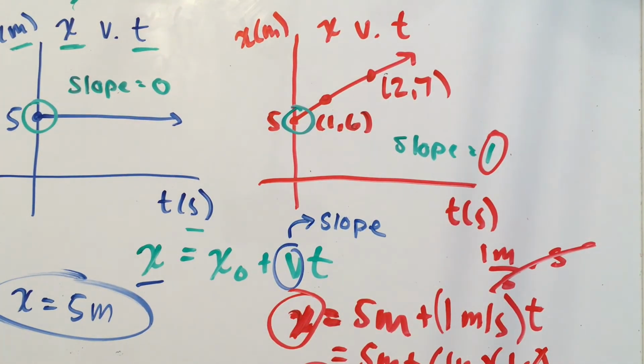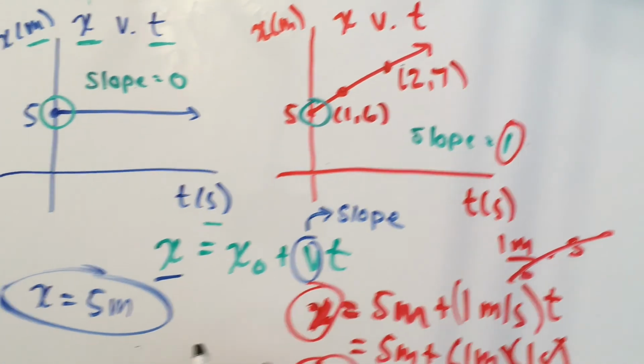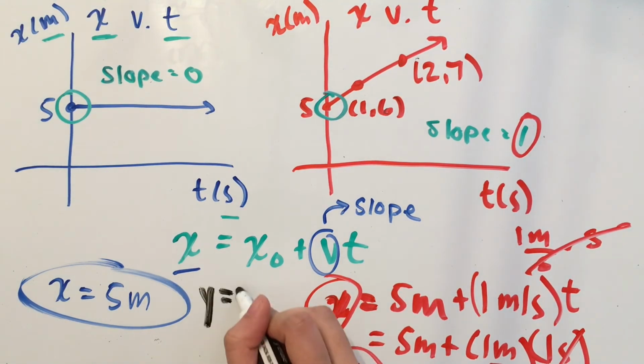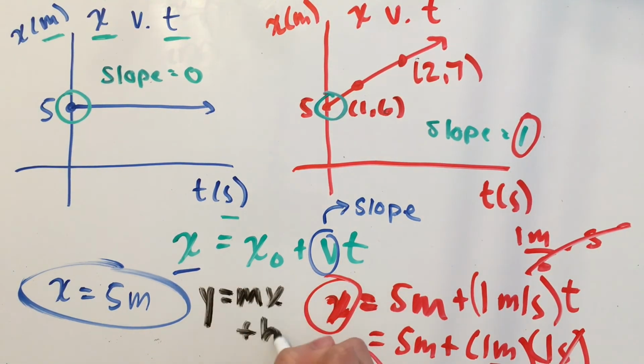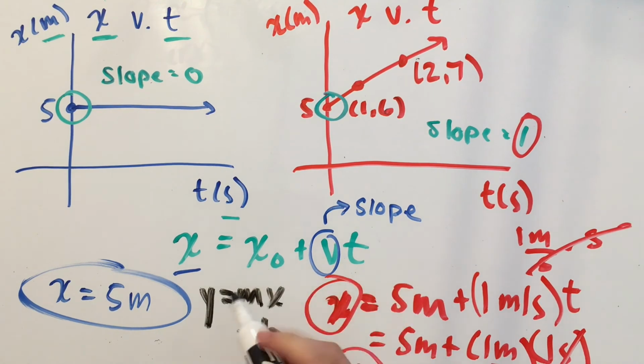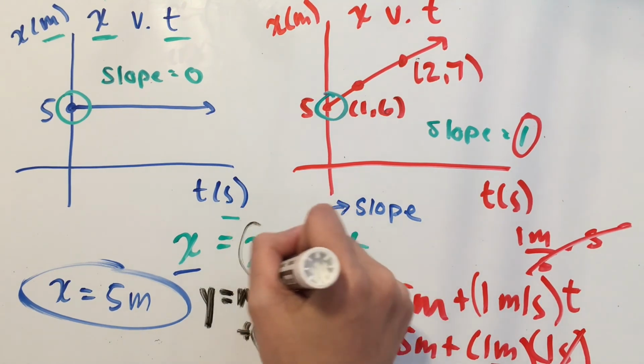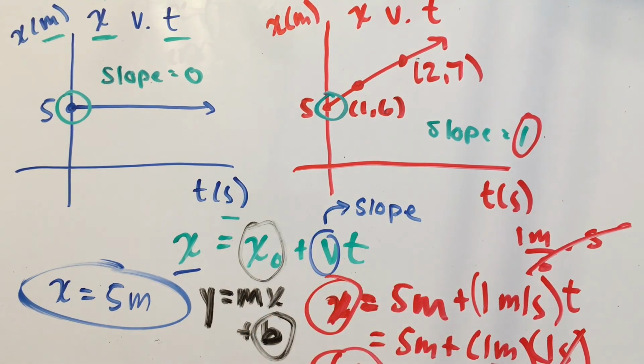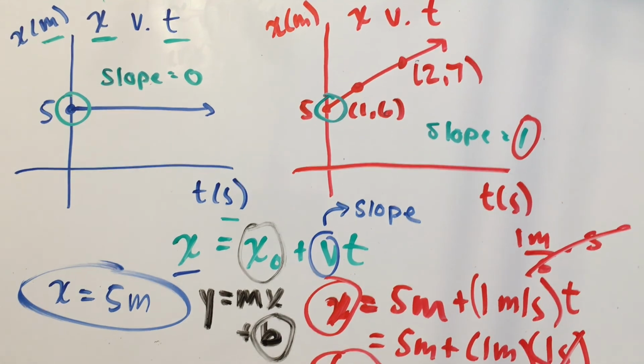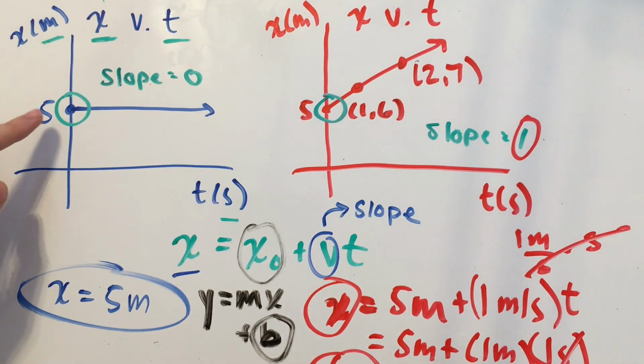So we can also compare this standard equation to our y equals mx plus b equation from math. So here our b is going to line up with our initial position, because b is our y-intercept. And like we've seen here, our y-intercepts are the same thing as the initial position.